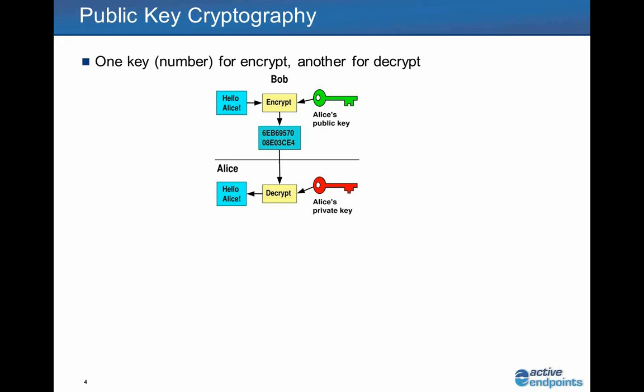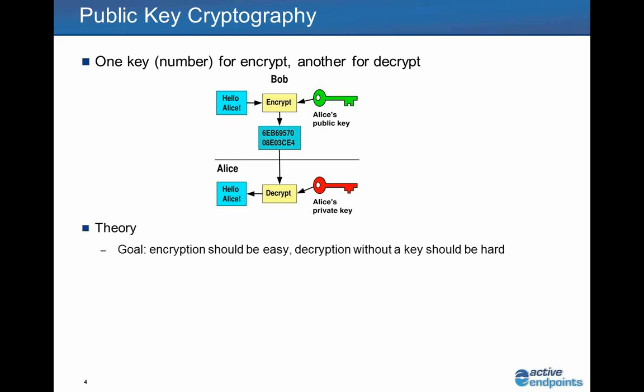So you need to be able to encrypt messages and decrypt messages, but there's value in having one key, and by key I just mean a number, usually a very long number, one key for encrypting a message and another key for decrypting a message. And with these two separate numbers, encrypting and decrypting, there's a number of use cases that come out.